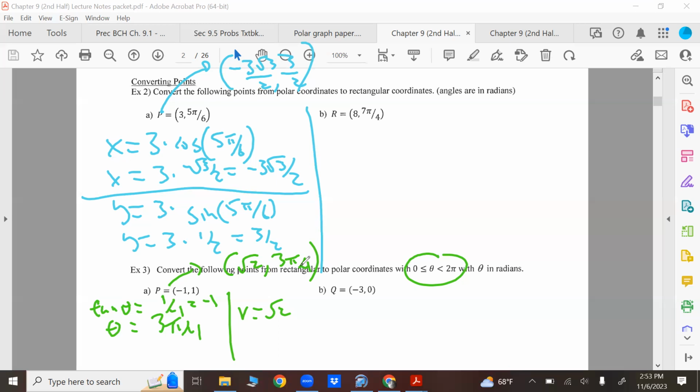This is showing 0 to 2 pi. Oh yeah, exactly. Where's the negative two? Wait, hold on. Negative 3, 0 is negative 3. You should be getting this, guys. Oh, you're right. You need one second, please. I'm just getting it. It's negative 3, 0. Wait, 4 to negative 4? Oh yeah, it should be. So you guys got negative 3, 0.